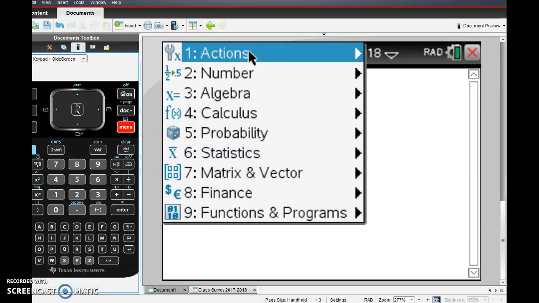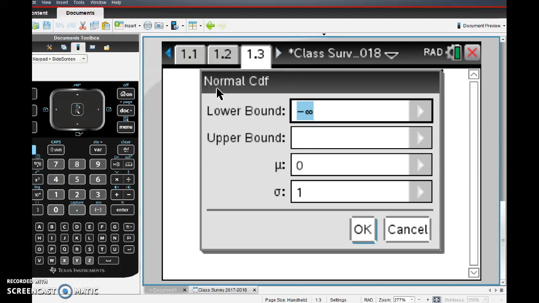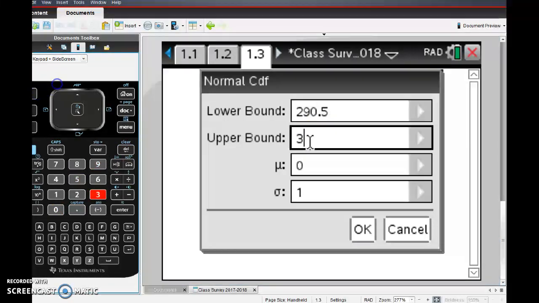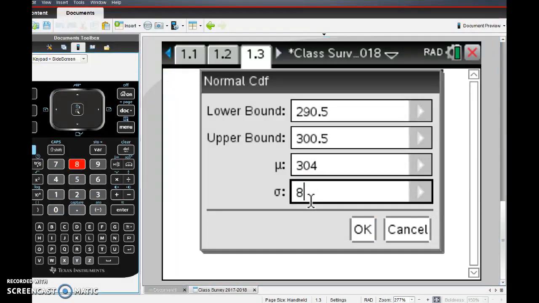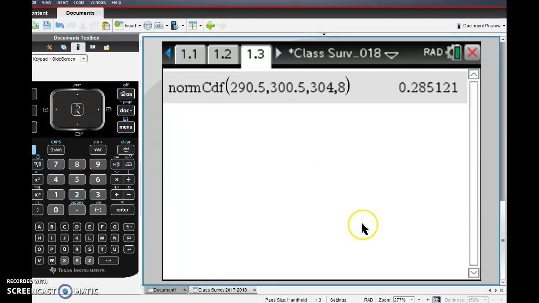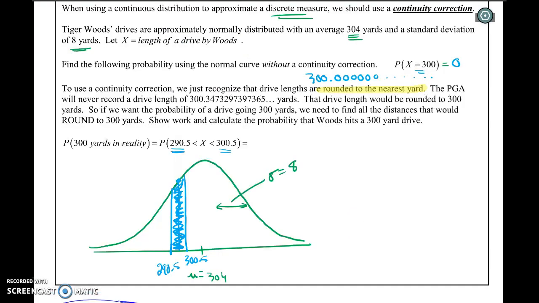Menu, statistics, distributions, normal CDF. I want to go from 299.5 to 300.5. I think the mean was 304. The standard deviation was 8. Gosh, 290.5, my bad. Did I write that down on the page too?